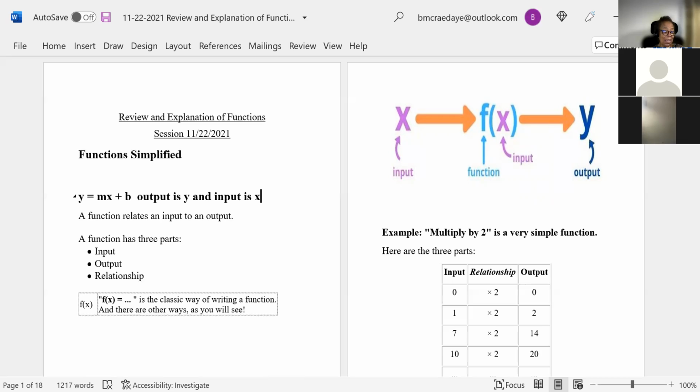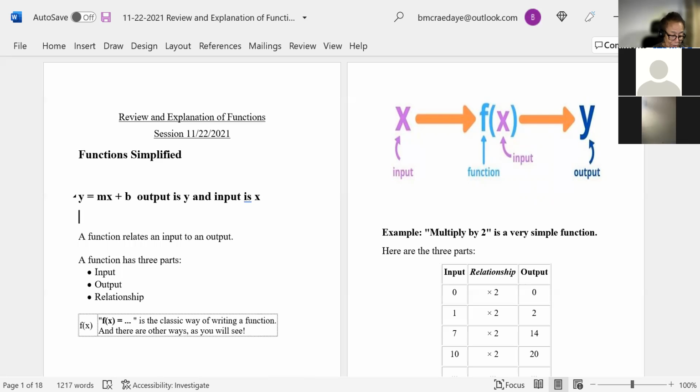Now we say y equals mx plus b. Now we could say f of y equals mx plus b. And all that's saying is the function of y, the output, is equal to mx plus b, where x is my input.